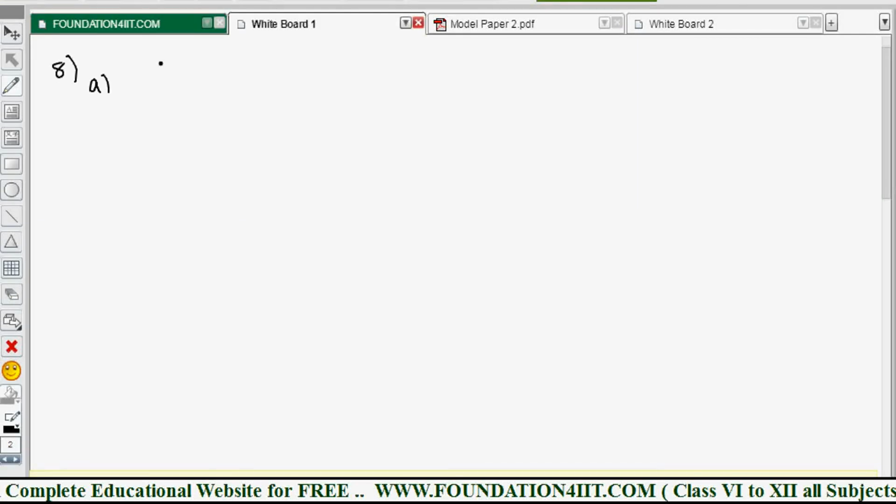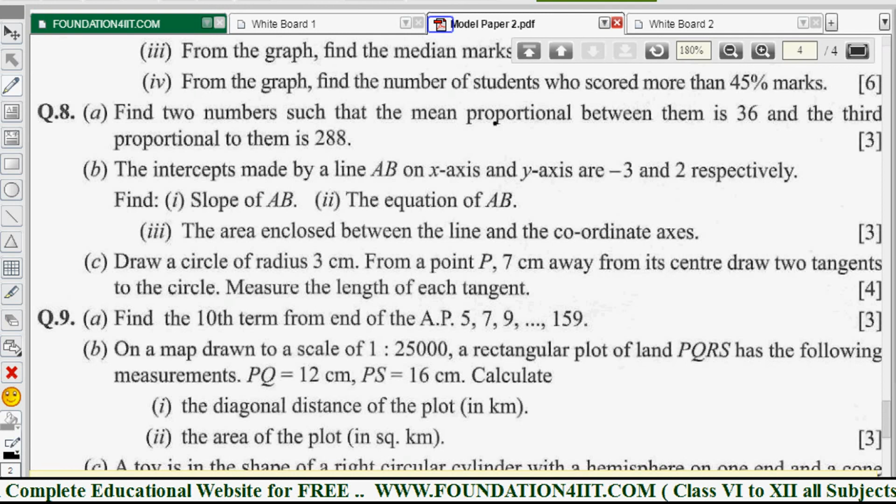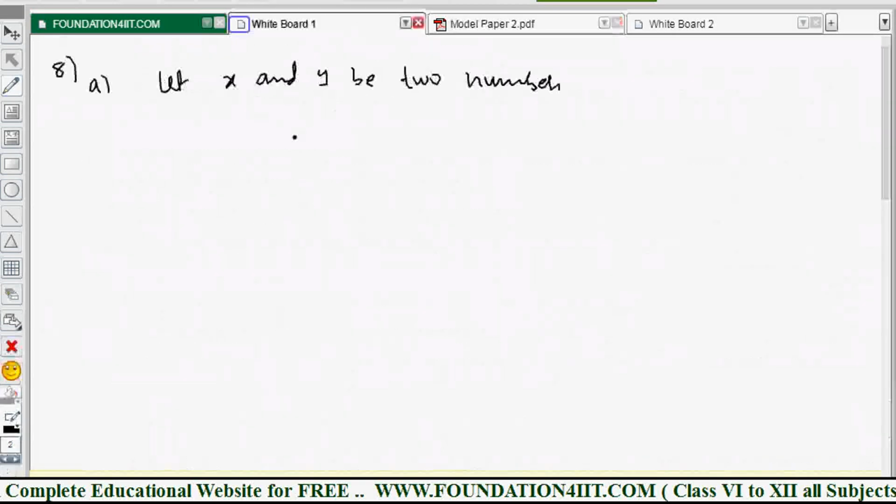Let x and y be the two numbers. The two numbers only we need to find out. See the first statement, the mean proportional between them is 36. According to the mean proportional statement, the mean proportional between x and y is 36.